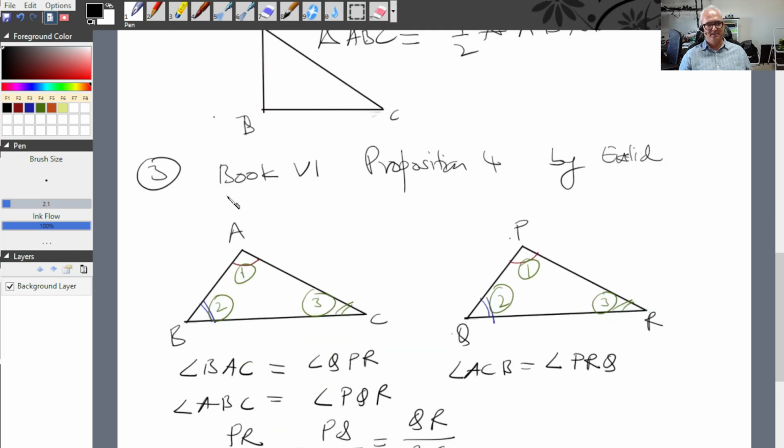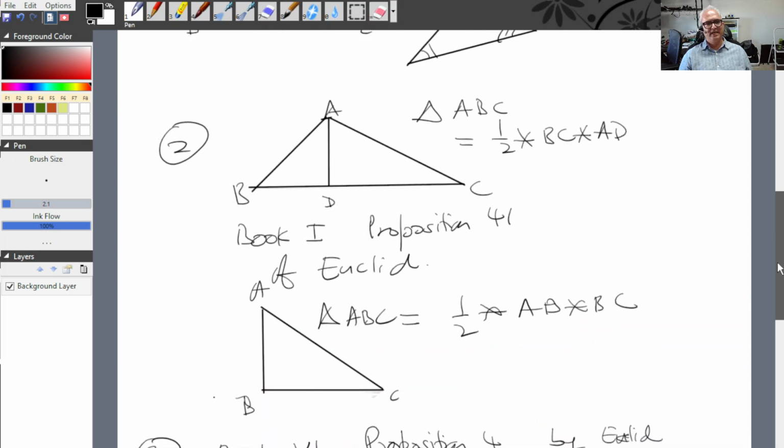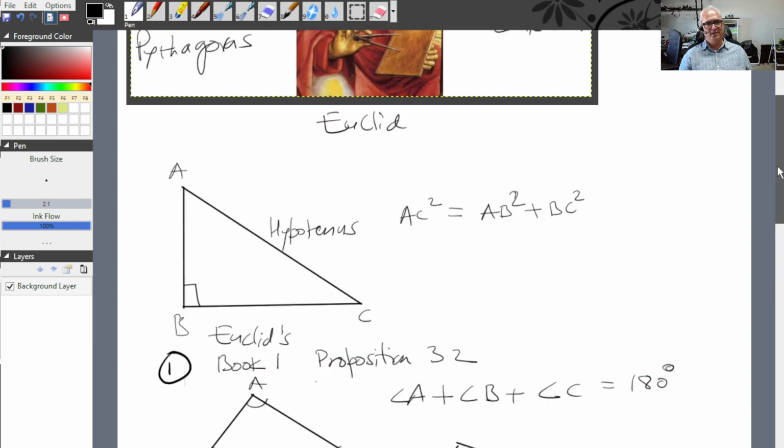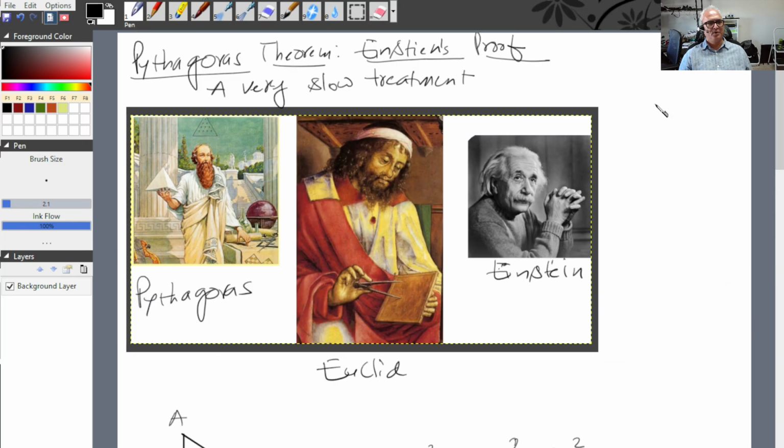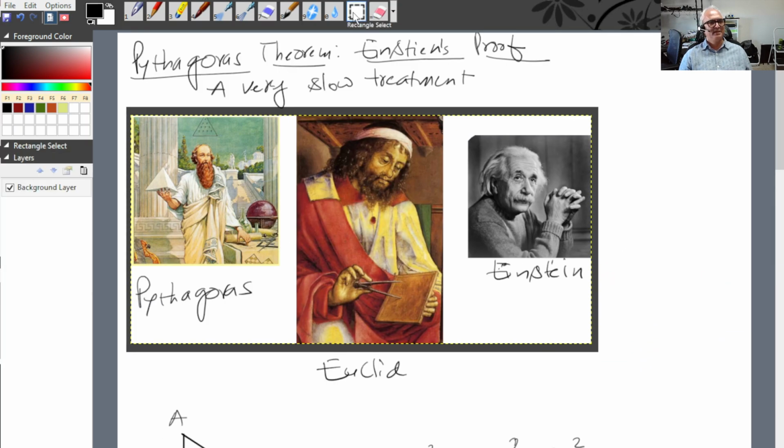And number three, the big one, is that the ratio of corresponding sides of similar triangles is constant between two triangles, which is written here. So now we have these three. Now let's work on the proof.